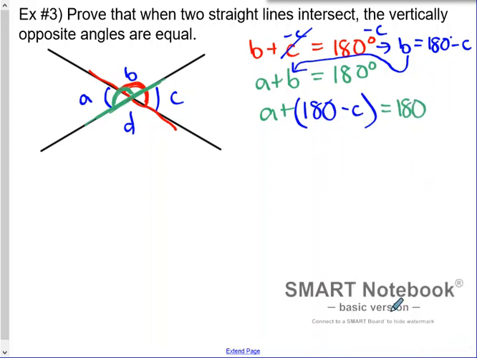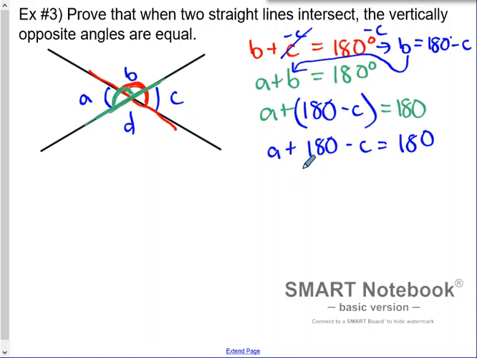Okay, now let's just get rid of these brackets. So there's nothing out in front to multiply, so I can just get rid of them. No expansion necessary. So A plus, then 180 minus C equals 180. And now let's solve for A here.